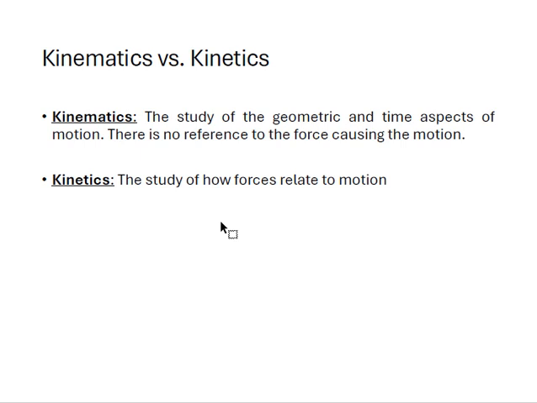They have to be clearly categorized and defined, and then we go into more and more detail. So we've got the objects, particles and rigid bodies, and then how we're going to study these objects, by kinematics and by kinetics. First, we're going to focus on the motion of these particles and the motion of rigid bodies, and then we're going to look at the cause of this motion. All right.